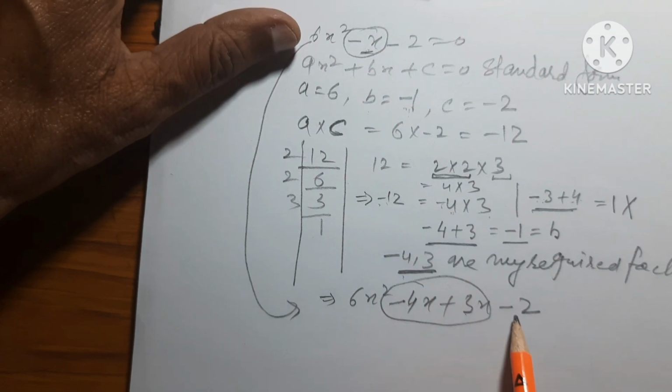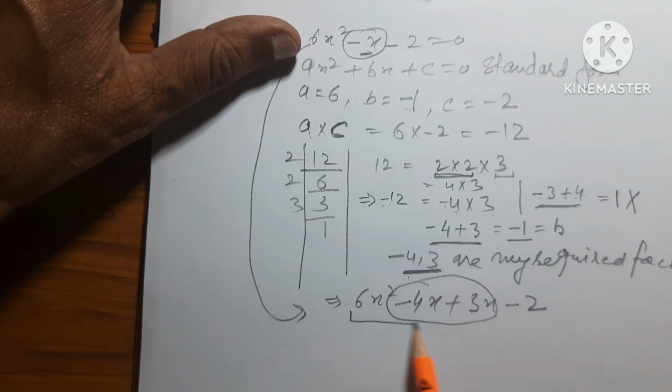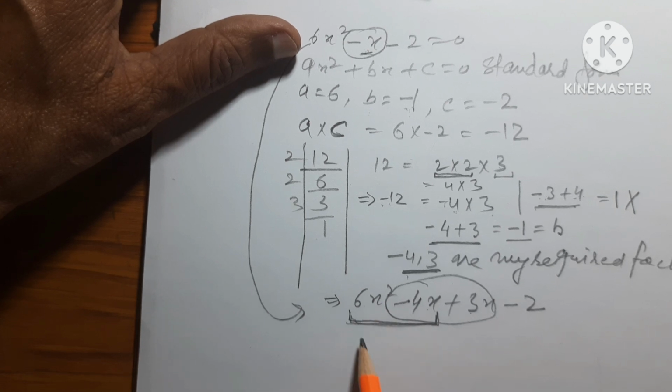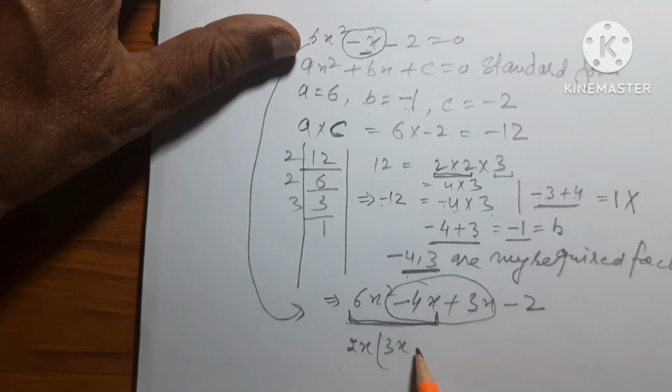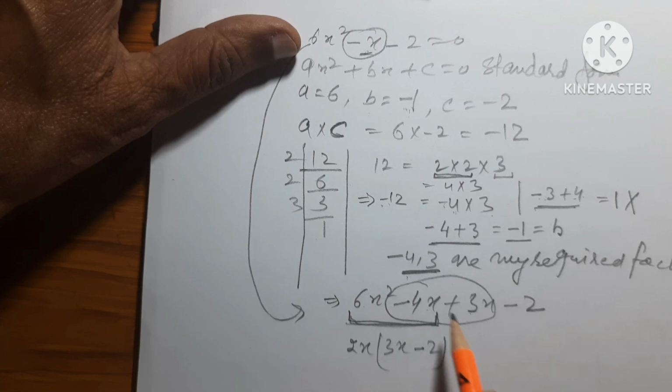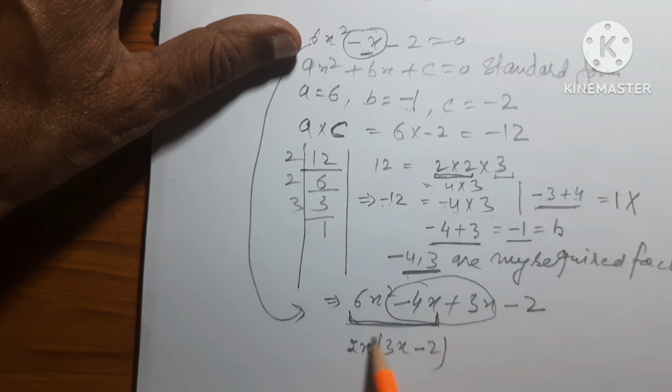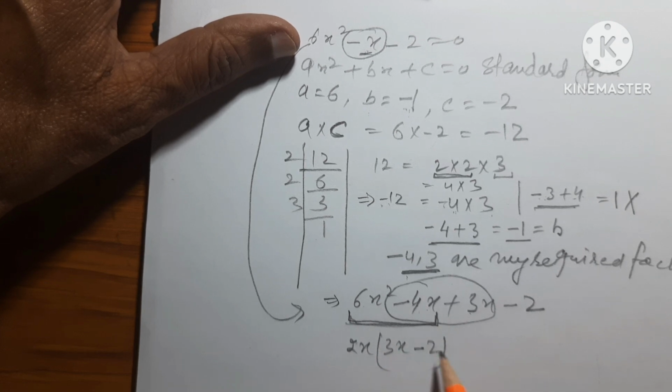Now the next step is to take out whatever is common. 2 and x are common. So it will become 3x minus 2. 2 is outside, x is outside, only 2 is left.